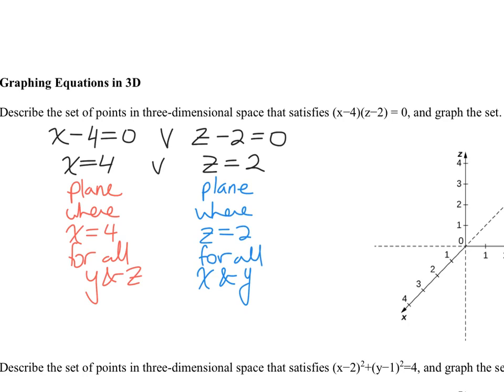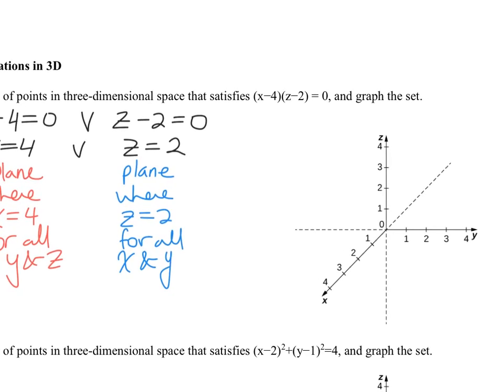So I'm going to graph x equals 4 somehow for all the values of y and z. So what I have to do is create a plane here and make it look kind of planey.